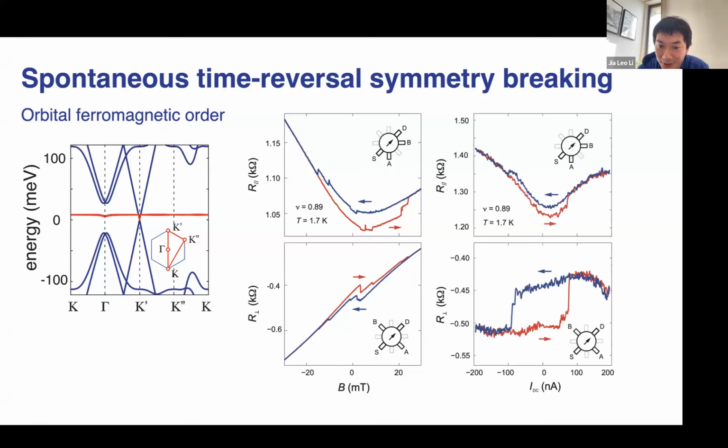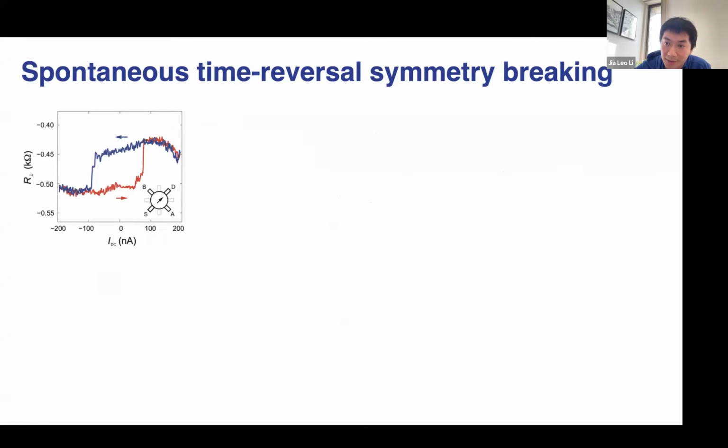Fortunately, we can also control the magnetic order using a DC current. The DC current also couples to the valley polarization, and that creates a hysteresis that looks a lot better defined. This is measured from twisted trilayer graphene, and the size of this loop tells us how strong the valley polarization order is.